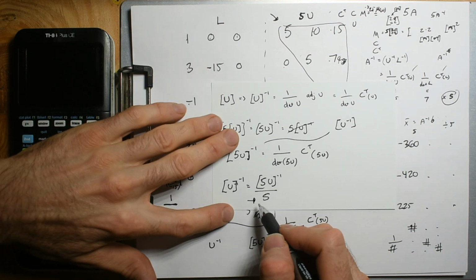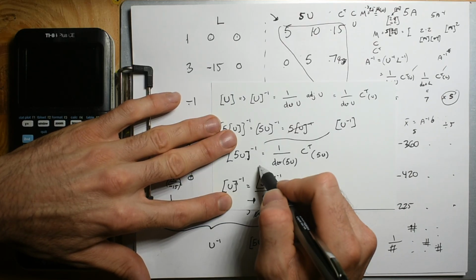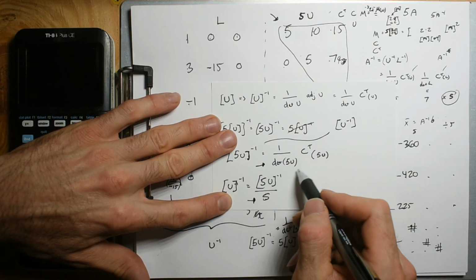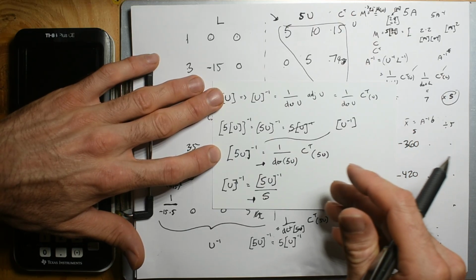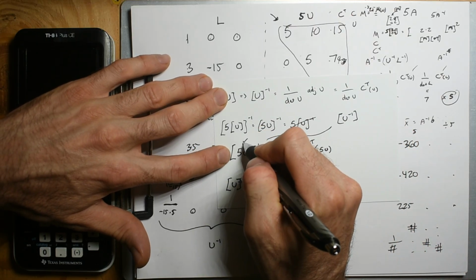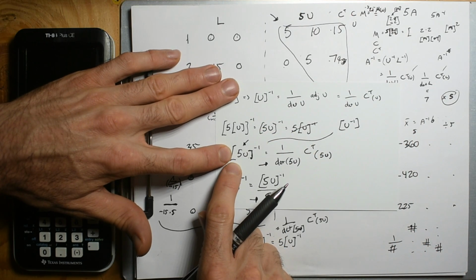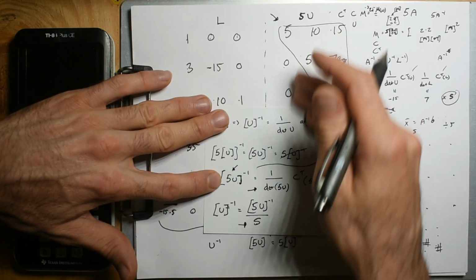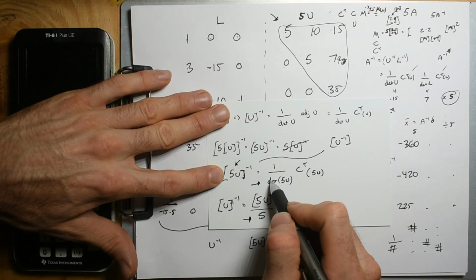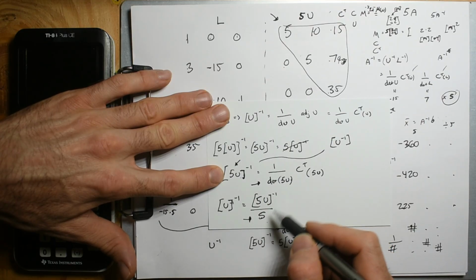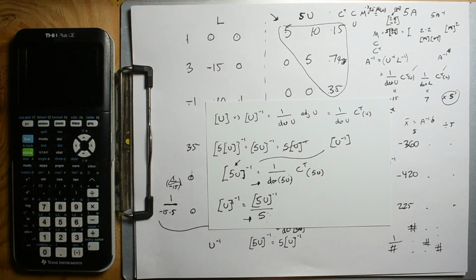And here, we have to divide by a 5, and then here we pick up another divide by 5. So those are the two places, because we chose to do 5 times U just to make our math simple, we have to divide by 5 downstairs in 2 locations.